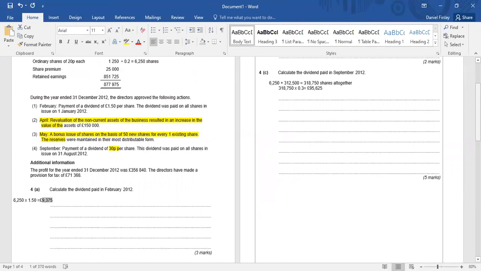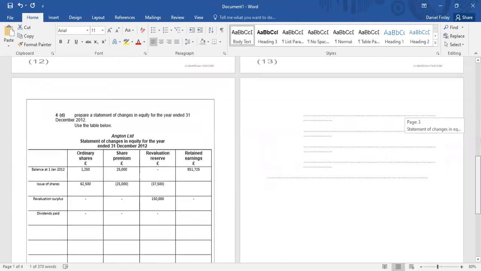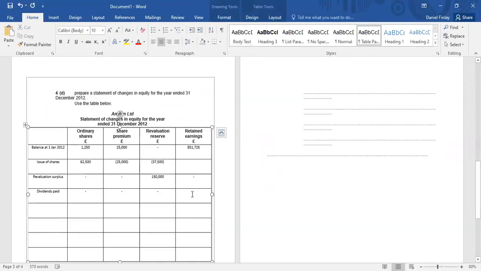So we're going to add those numbers together. 9,375 add 95,625. So we get £105,000, and again that's going to decrease my retained earnings. So that's all the things that have changed my equity. So now I just need the balance at the end of the year.